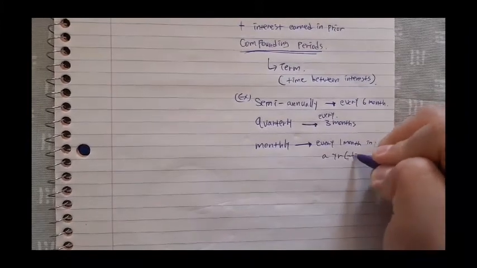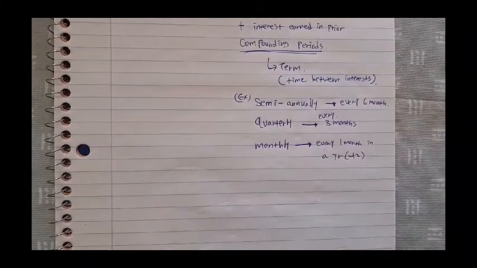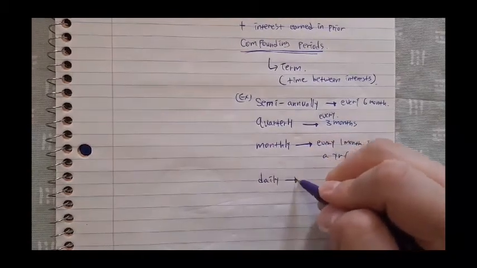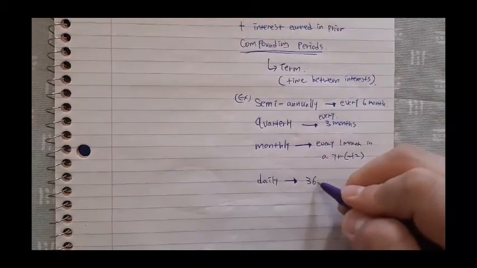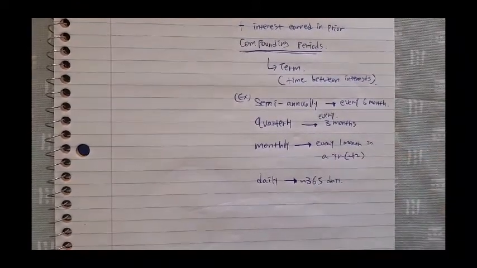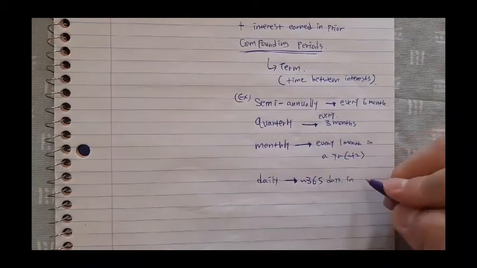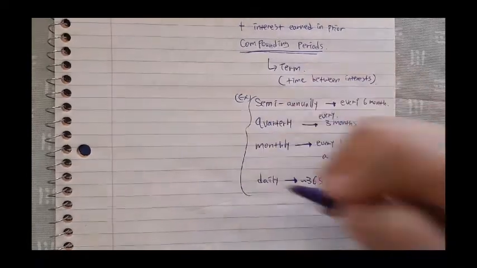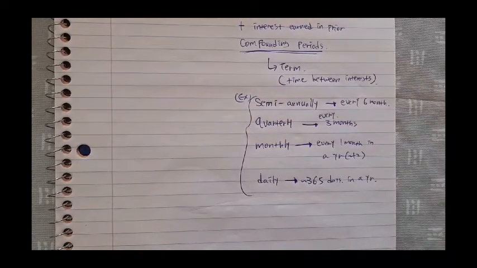In rare cases, you may see daily, which is 365 days in a year. So we have these special compounding periods, and it actually has more variables, if you will.